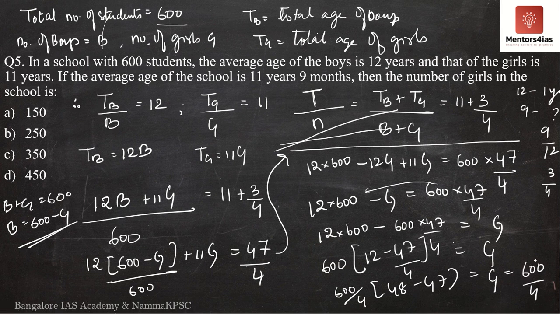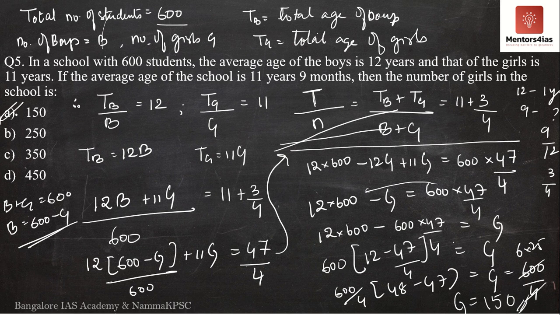So if it is 600 by 4, it is 6 into 100 by 4. So I can write it as, 100 by 4 is nothing but 25. So this is nothing but 6 into 25. 6 25s are 150. Therefore, the number of girls is what? Number of girls is nothing but 150.